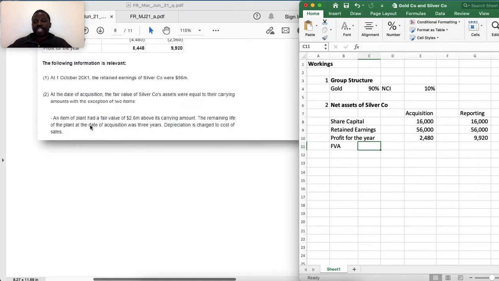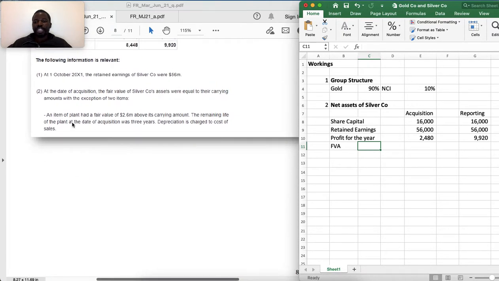Then we will have the fair values. The fair values are given in note number 2 here, of which we have got plant. Plant is worth 2.6 million, which is 2,600 in thousands. Then the plant is depreciating. So if the plant is depreciating, we should also have the excess depreciation.